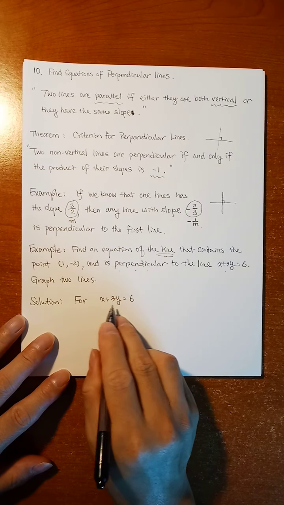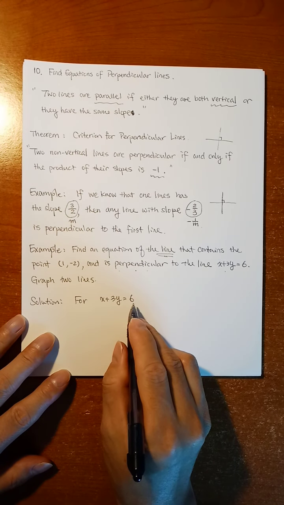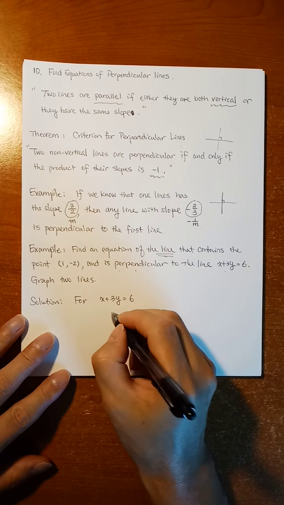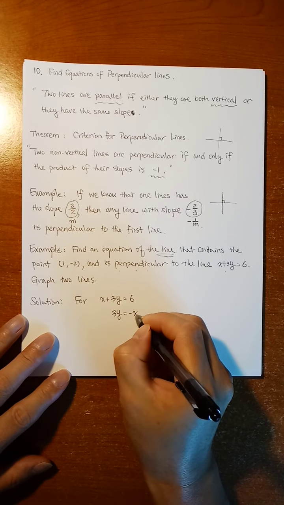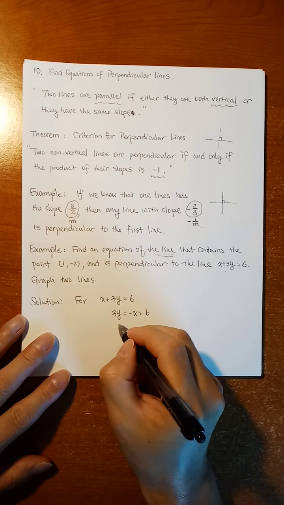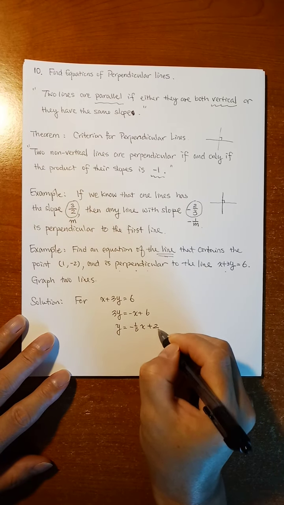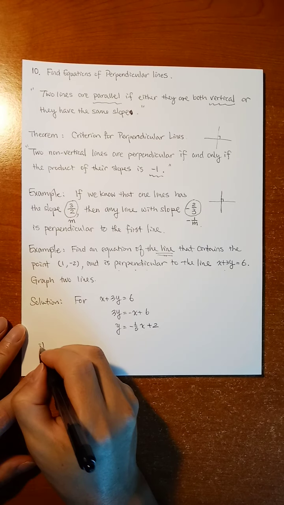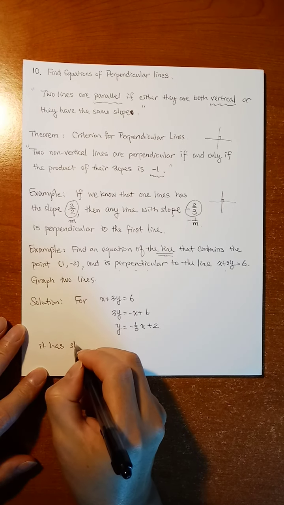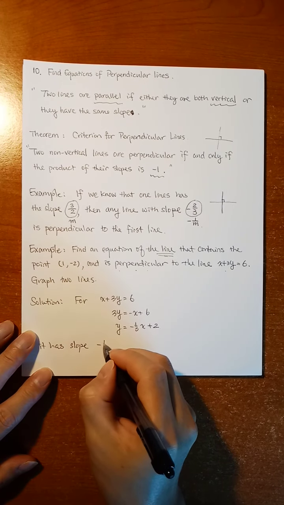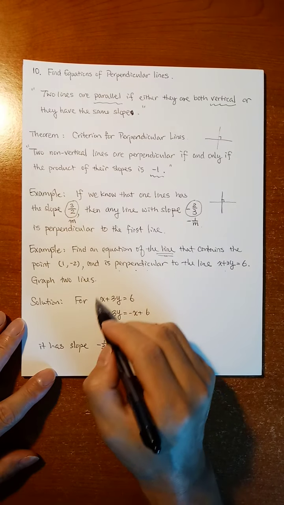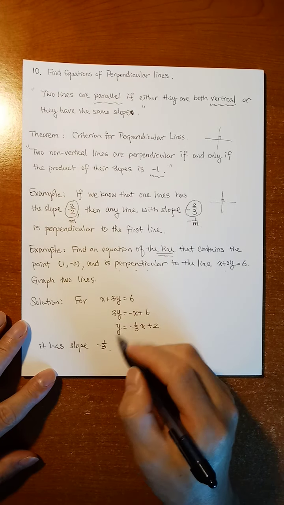So we start from x plus 3y equal to 6. We move x to the right side and divide by 3. This line has slope -1/3.